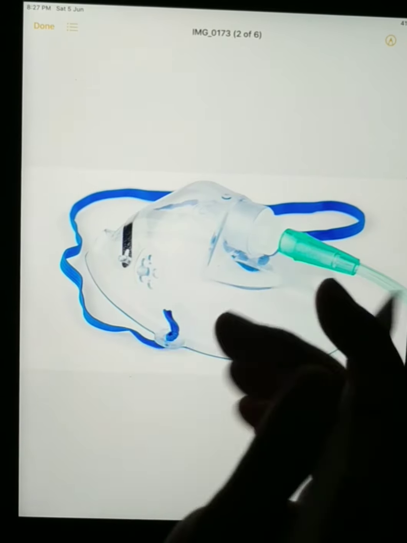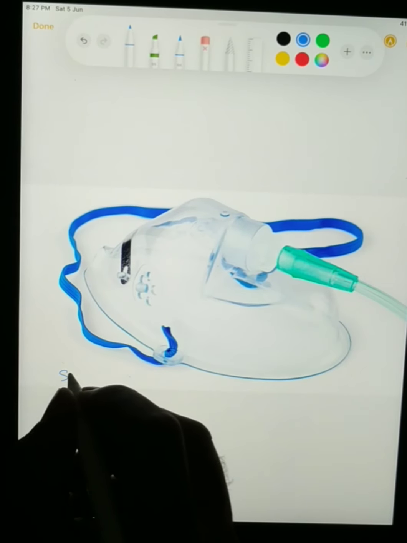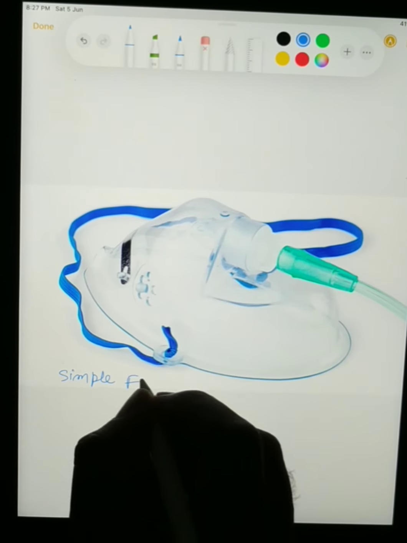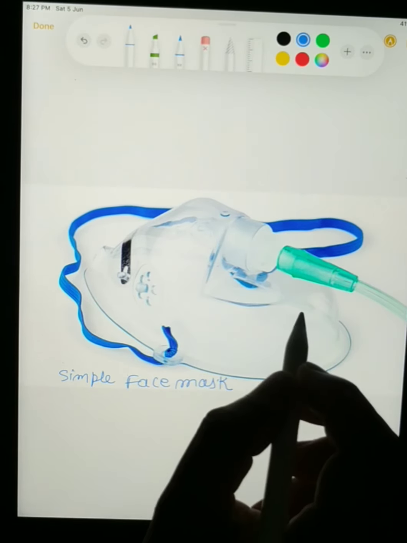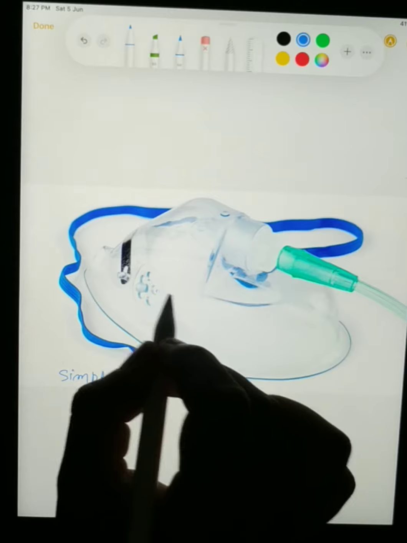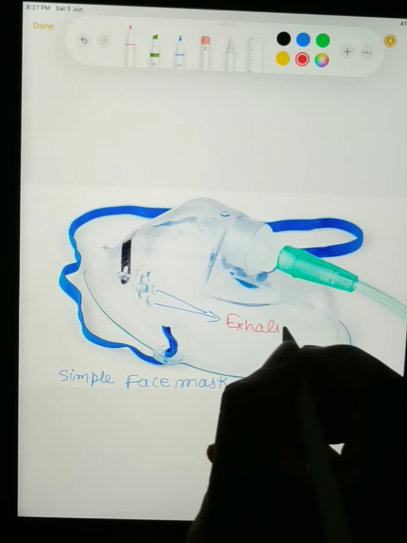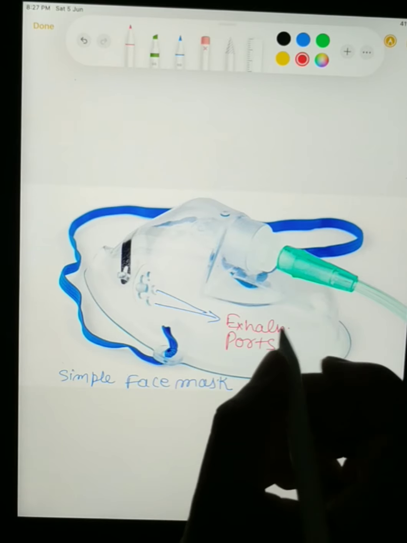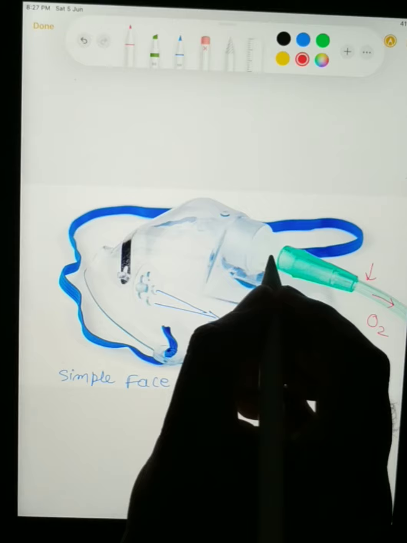Next, in the low flow system is the simple face mask. This is the simple face mask. This part connects on the patient's face. These are the exhalation ports. This tube connects to the oxygen system, and oxygen flow comes through this part.